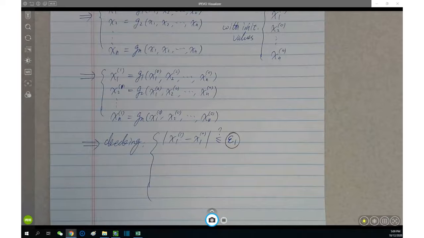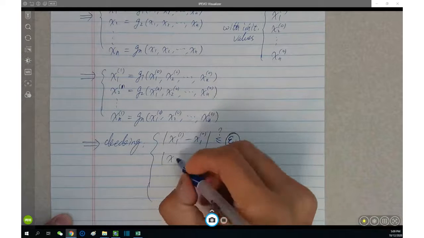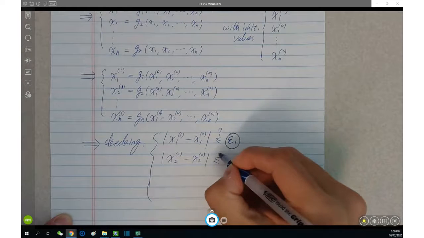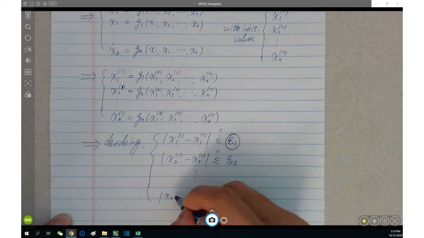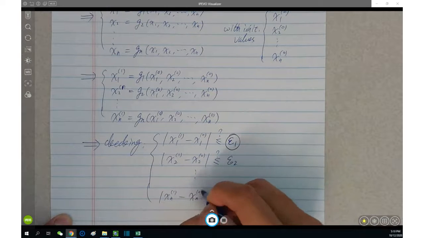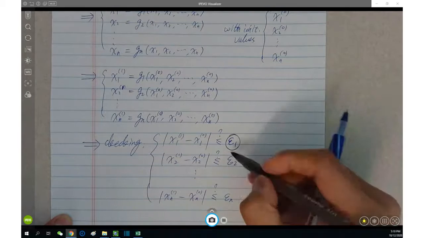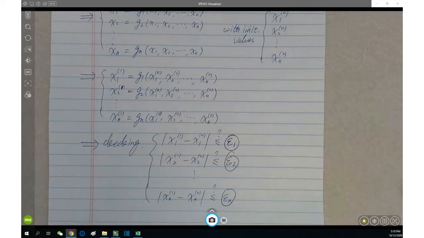Of course, most of the time we probably want to make the accuracy the same among different unknowns. It might be the same, but to make it more generic, the more generalized case is labeling them differently.